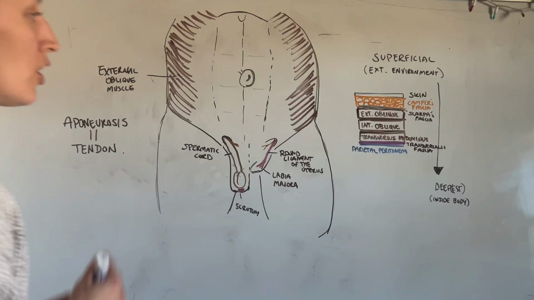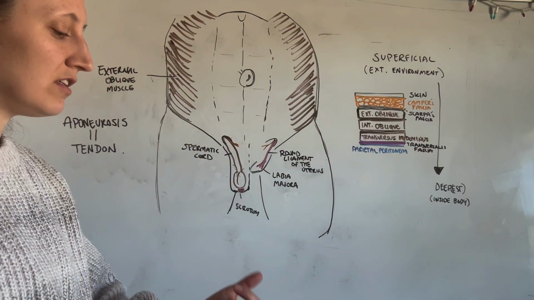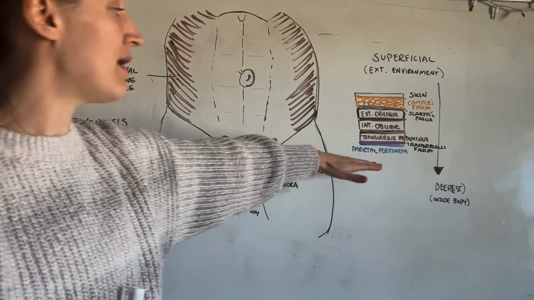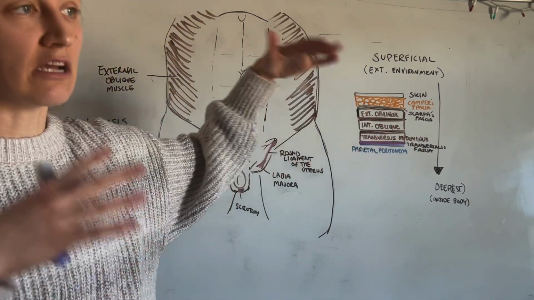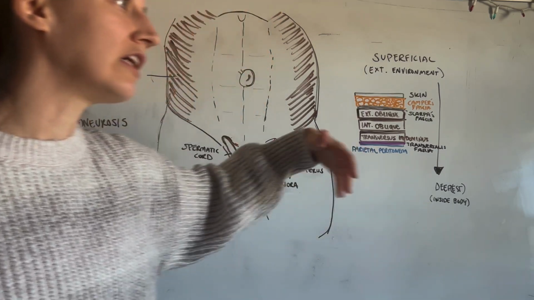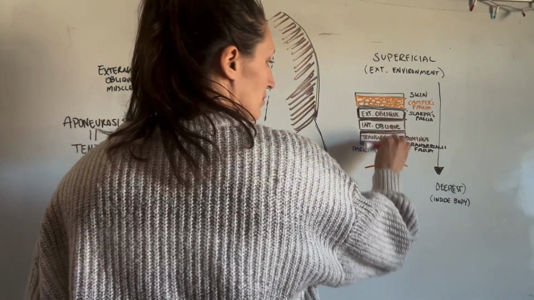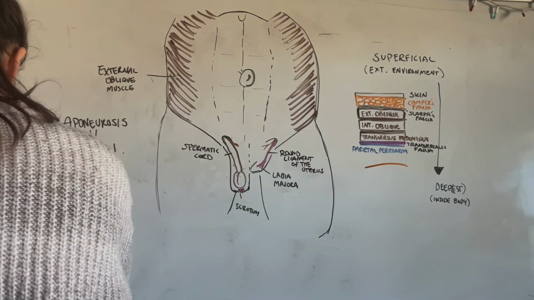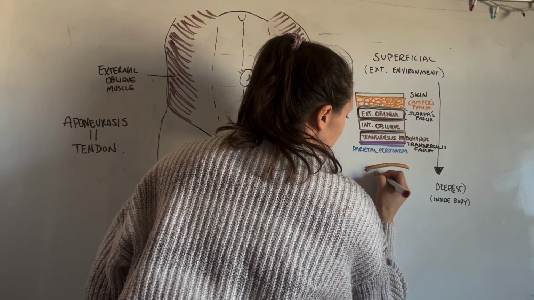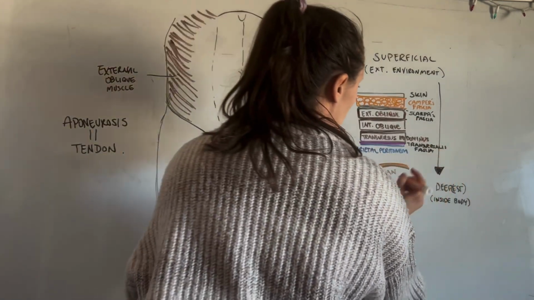So parietal peritoneum, remember when we were in the thorax and we had parietal and visceral pleura, which were the layers surrounding our lungs? These, imagine them as the layers surrounding our whole abdominal cavity. We have a parietal layer and we're going to have a visceral layer. So we'll have a visceral layer, we'll have some space, some fluid, and let's say there's an organ right here, because this is where we find our organs. There is a layer of visceral peritoneum on the organs themselves.